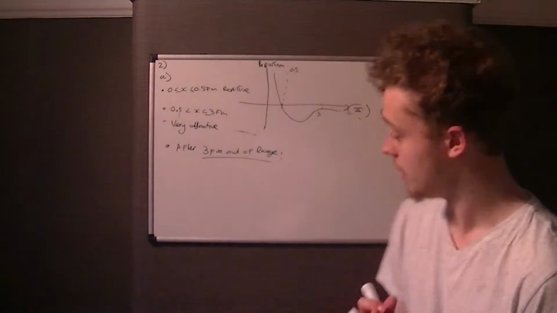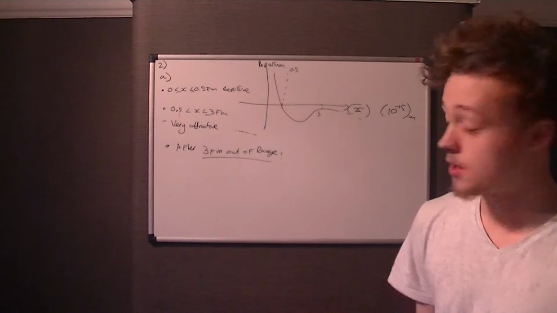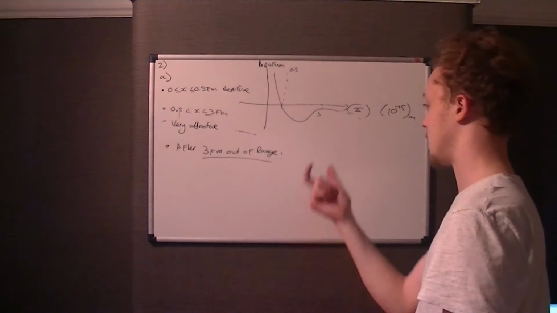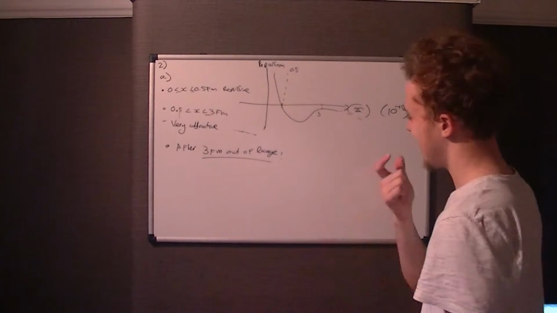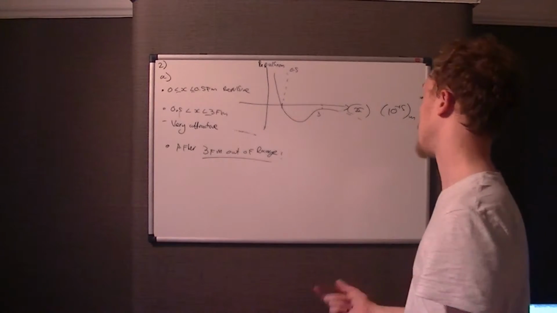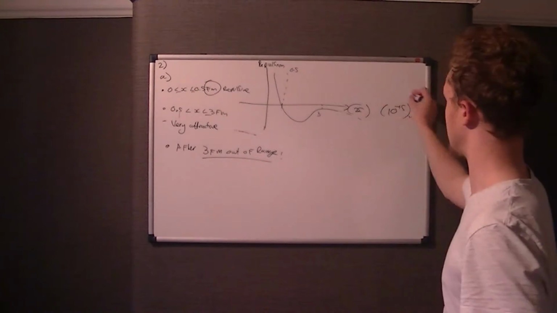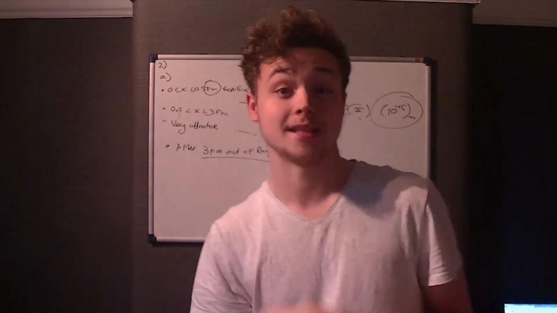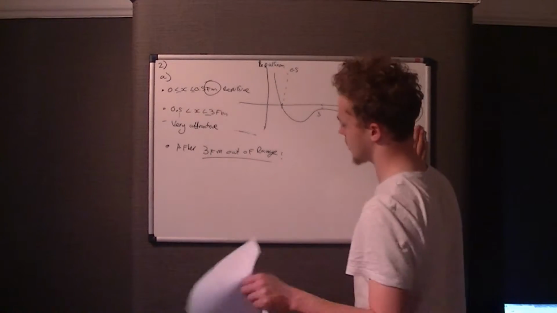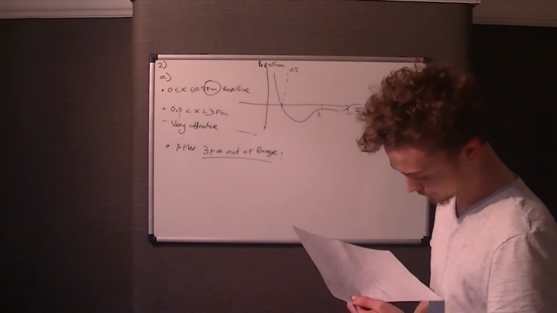It's just a case of learning that. The three points are 0 to 0.5, 0.5 to 3, and greater than 3. And you always need to state the conversion from femtometers into meters, just so the examiner knows what you mean. It's quite an easy thing to remember.